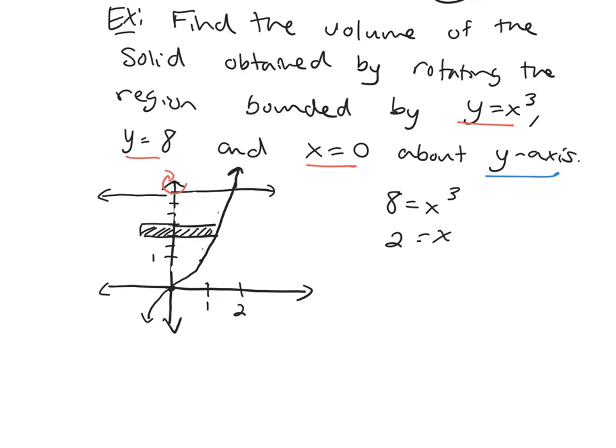But now, remember I said the dx comes from how tall your cylinder is? In this case, the height changes in the y direction. So what that means is I'm going to need to integrate with respect to y. Okay?